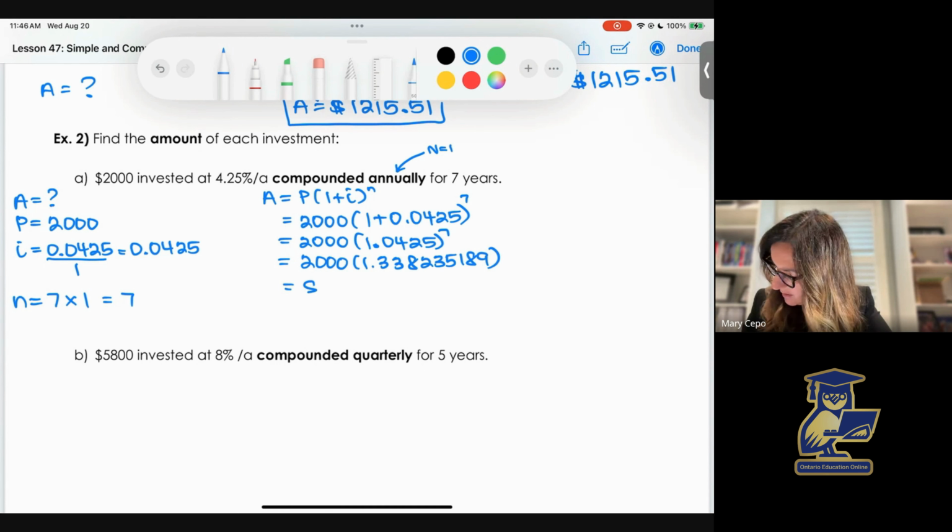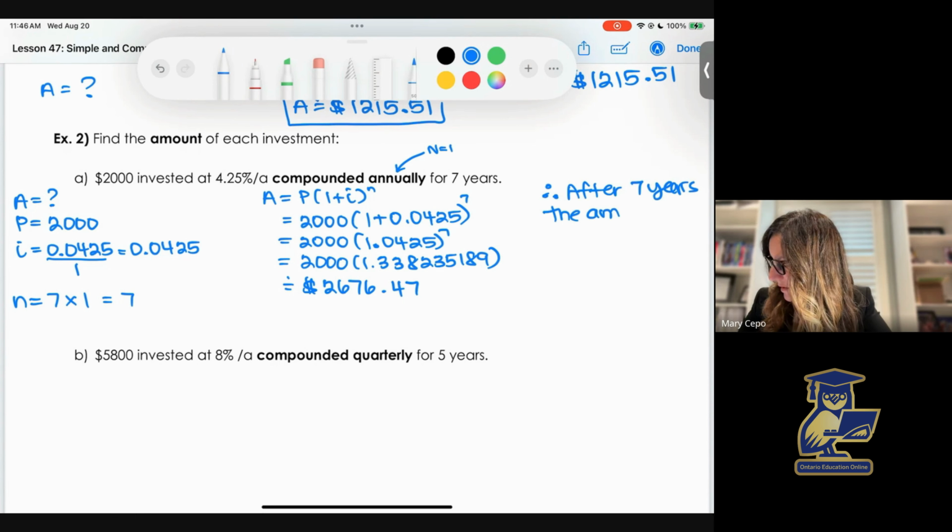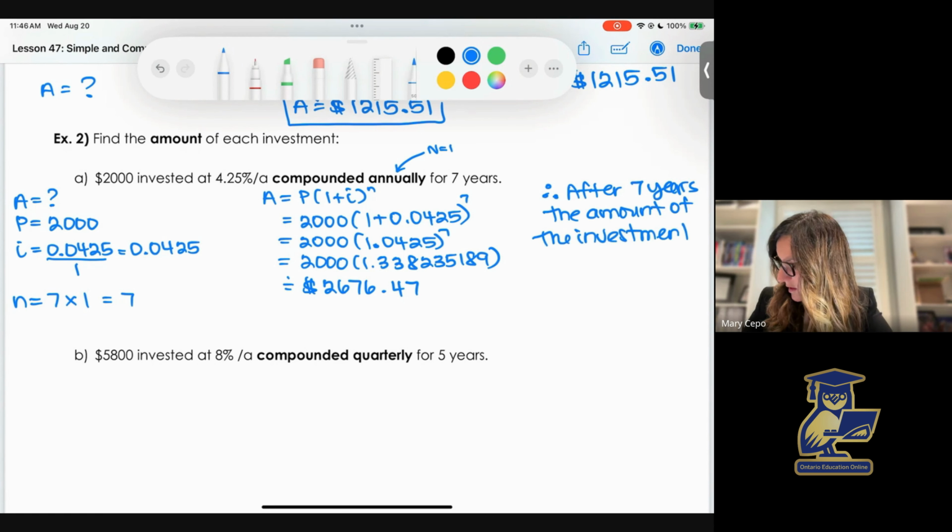Rounding, 2,676.47. So therefore, after 7 years, the amount of the investment would be about $2,676.47.